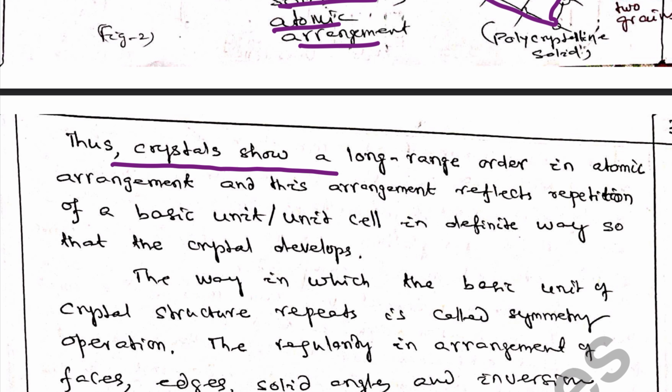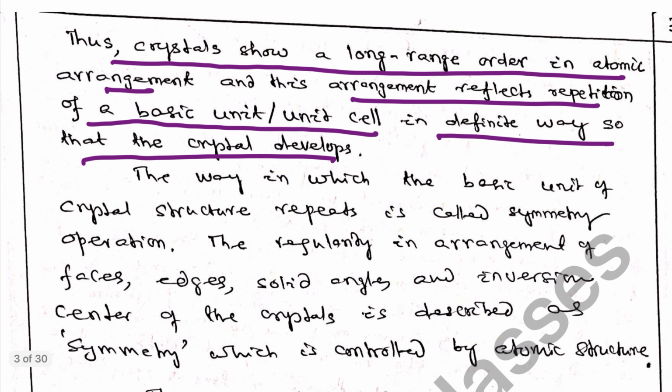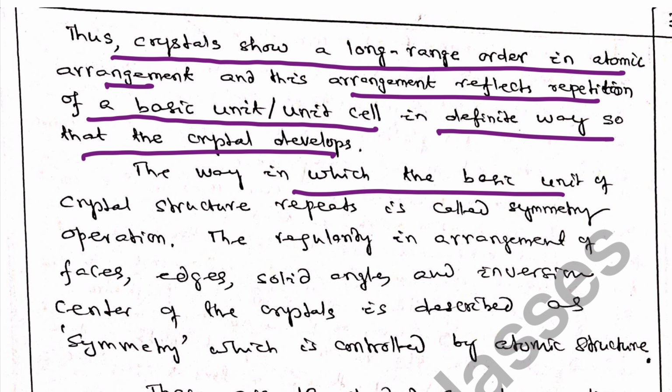Thus we see that crystals show a long range order in atomic arrangement, and this arrangement reflects repetition of basic units or unit cell in a definite way, so that the crystal develops. The way in which the basic unit of crystal structure repeats is called the symmetry operation.